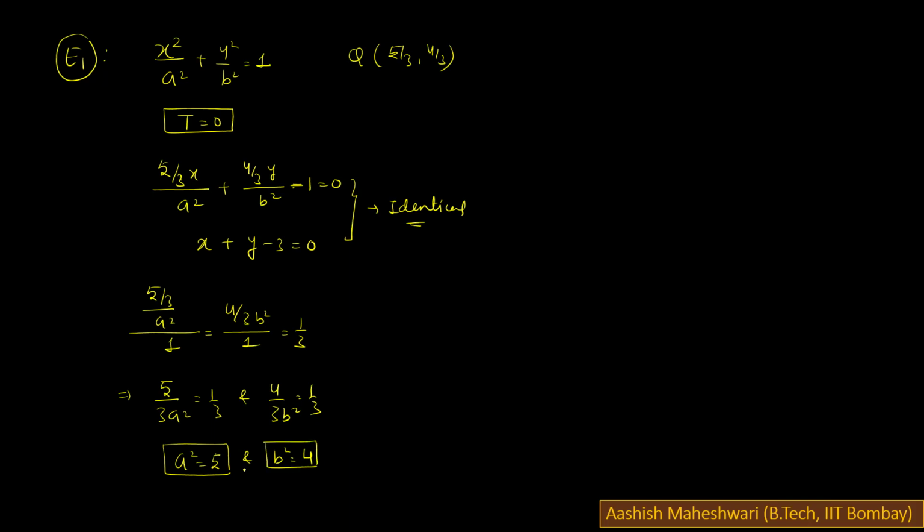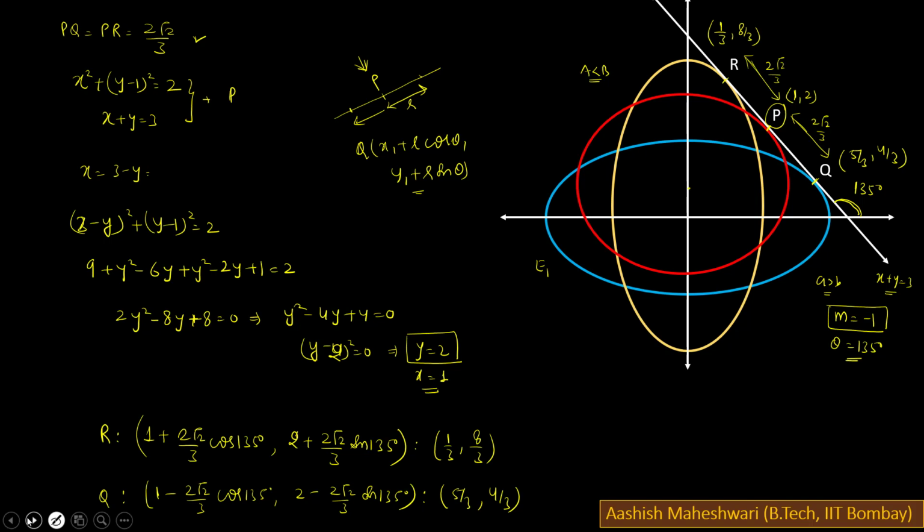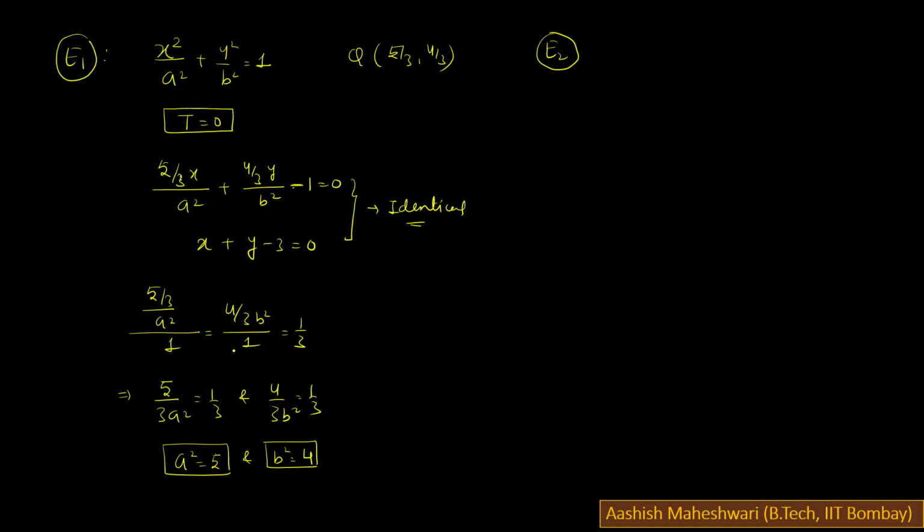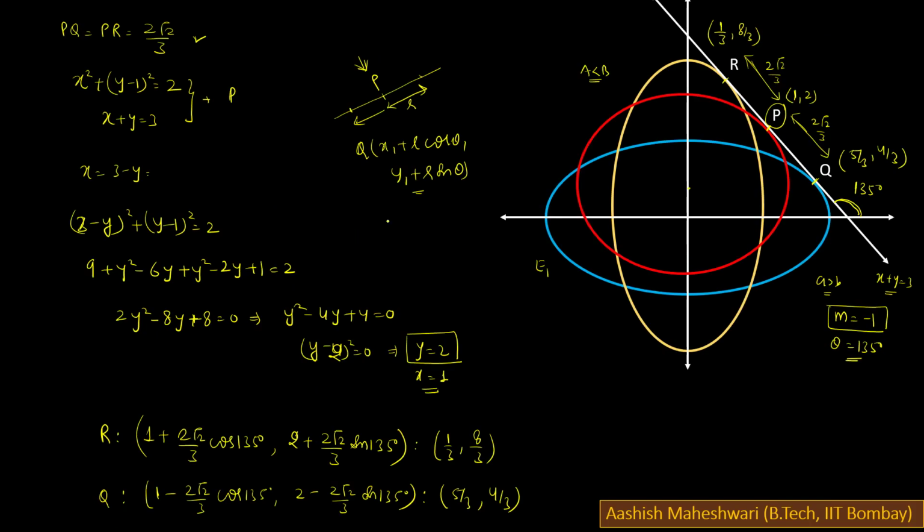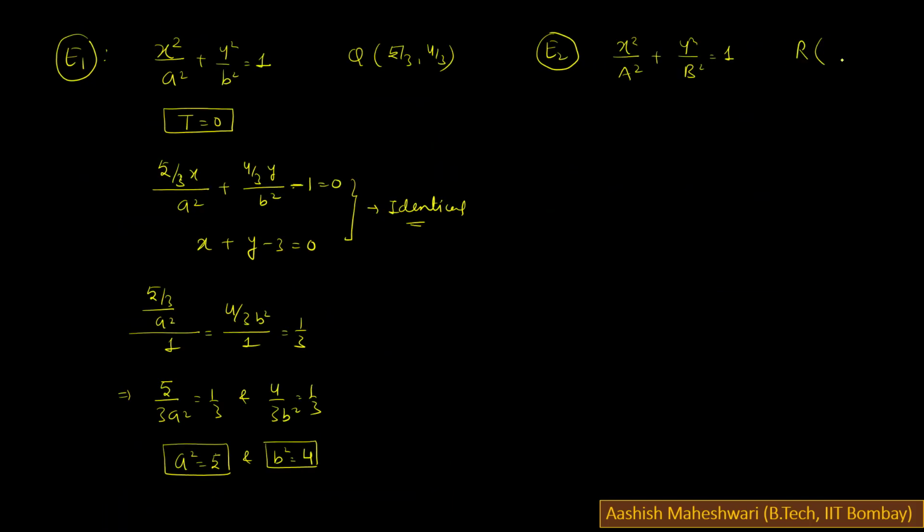Okay. Now same thing you can do for the other ellipse also. So for E2, what is the point? x square upon a square plus y square upon b square is equal to 1. Okay, and point R, which is (1/3, 8/3).